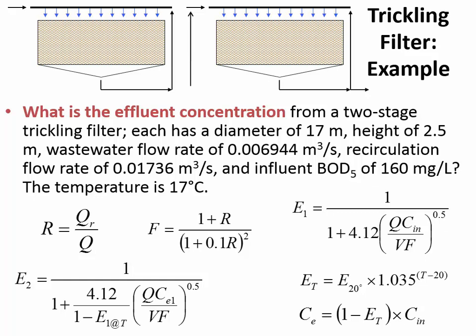Any questions so far? Okay. We'll go in order. We need to calculate R. So R is the ratio of the flow rates, 0.017361.